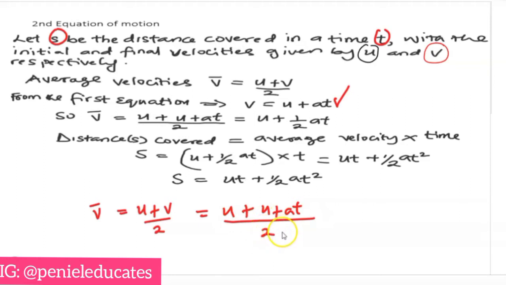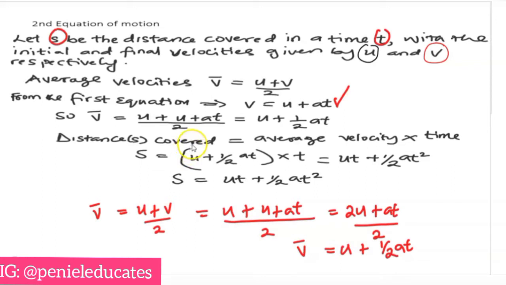Putting this together, this is going to be 2u plus at over 2. If you divide everything by 2, dividing 2u by 2 gives you u, and dividing at by 2 gives you half at. So this is the average velocity.